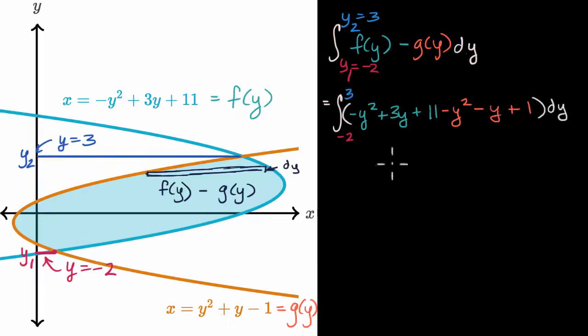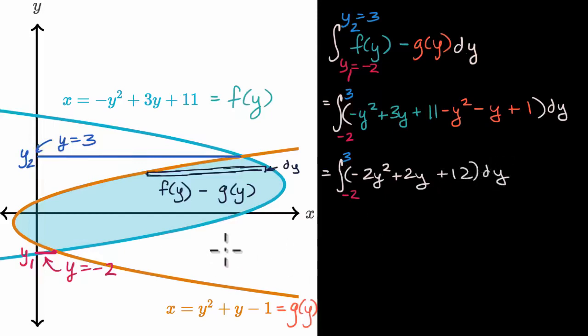This is equal to the definite integral from negative 2 to 3 of negative y squared minus y squared, negative 2y squared, and then 3y minus y is going to be plus 2y, and then 11 plus 1 is 12, dy.